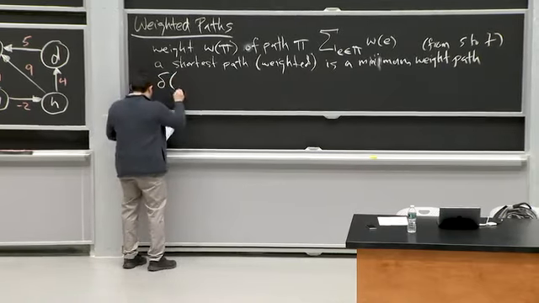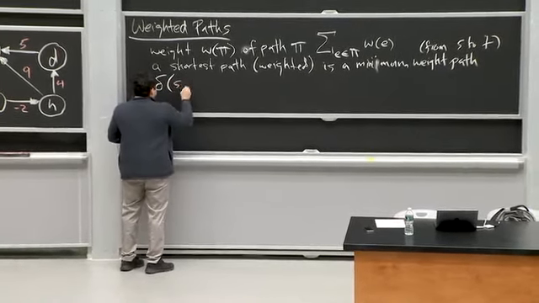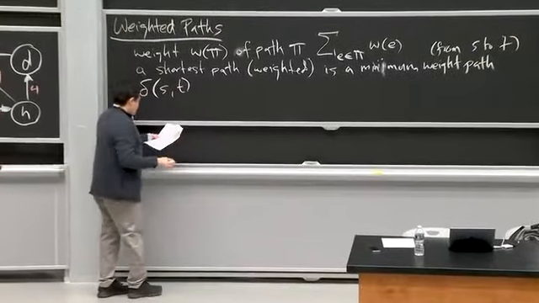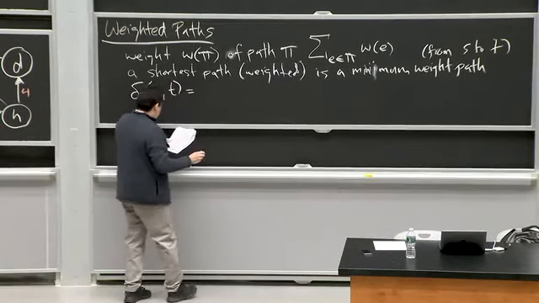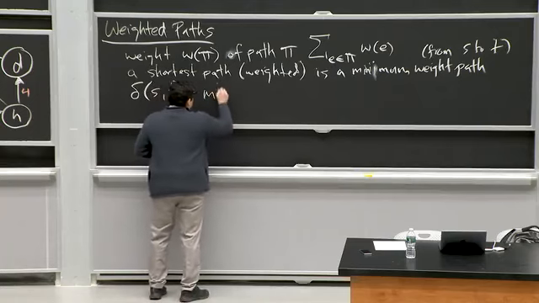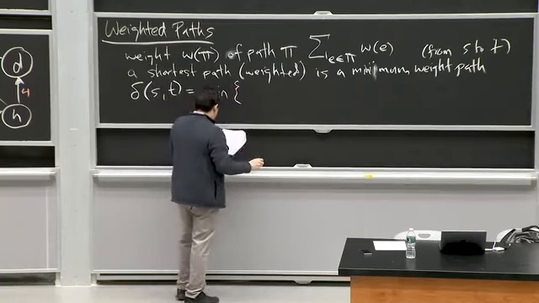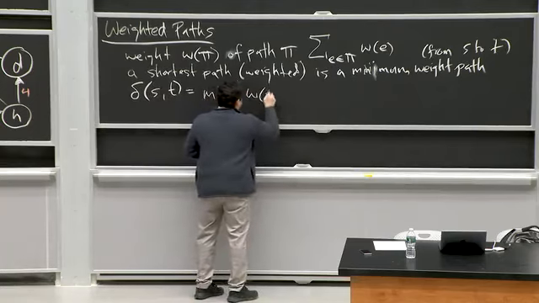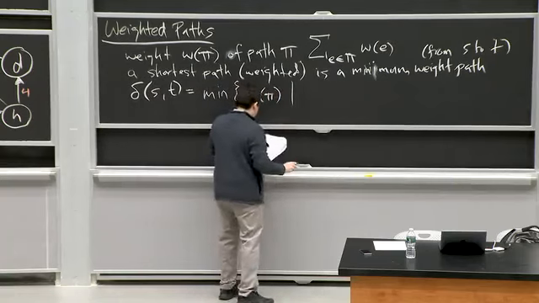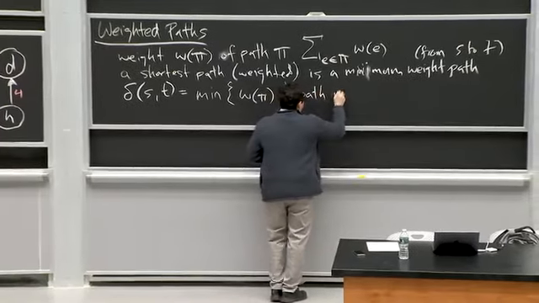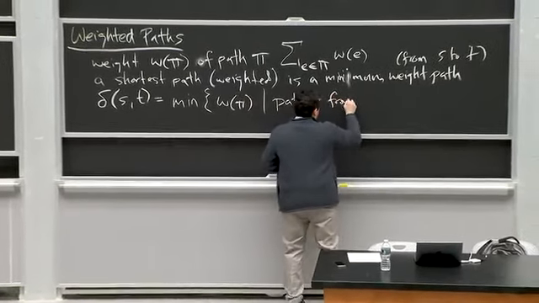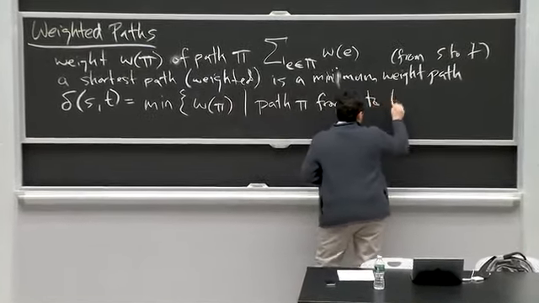A delta from a vertex S to T is going to be, I'm going to do the wrong thing first, the minimum over the weight of all paths pi from S to T.